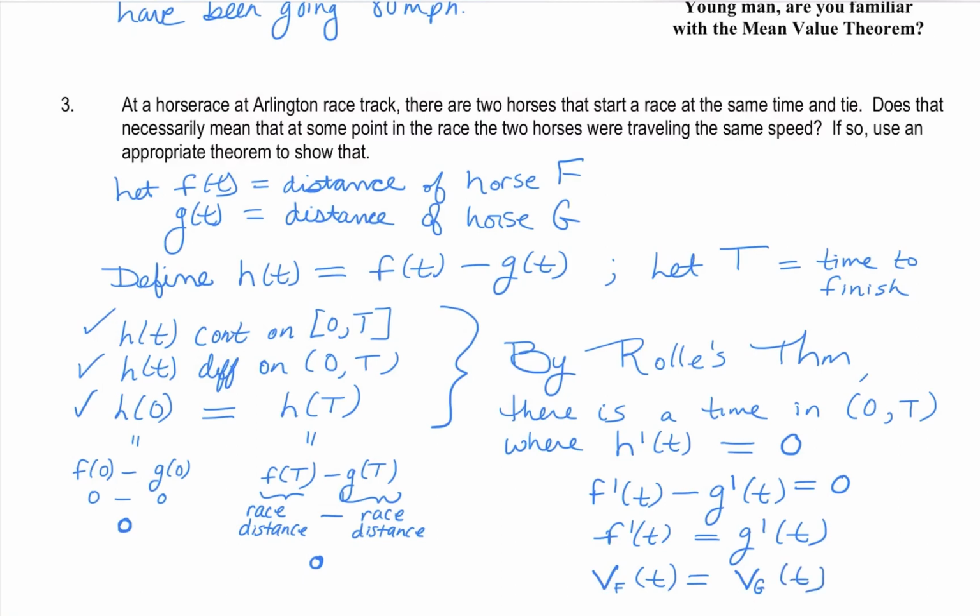So by Rolle's theorem, there had to be some point in time when they were traveling the same speed. The original question was: does that necessarily mean that at some point in the race the two horses were traveling the same speed? Yes, it does. Final answer: yes, by Rolle's theorem.